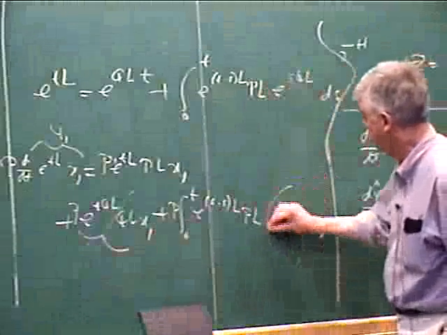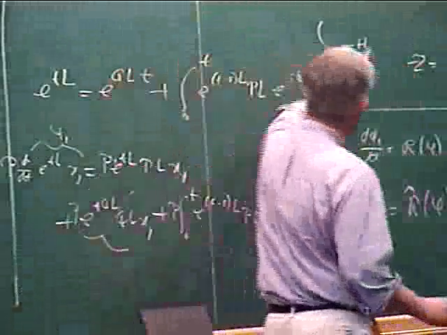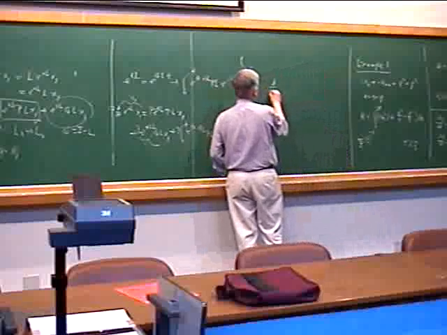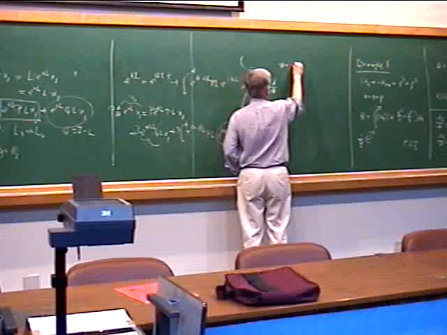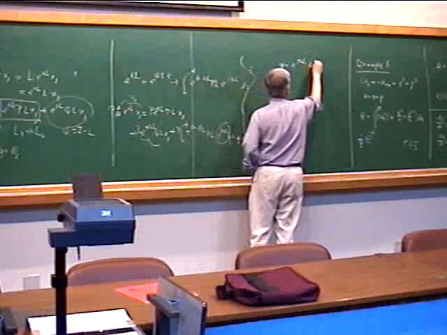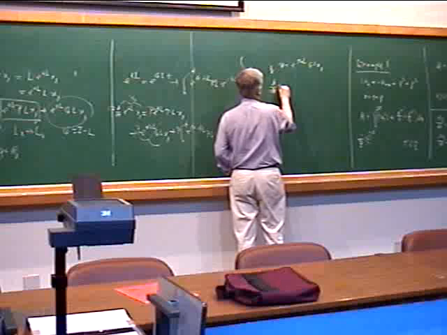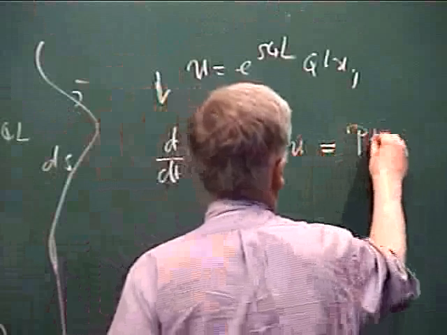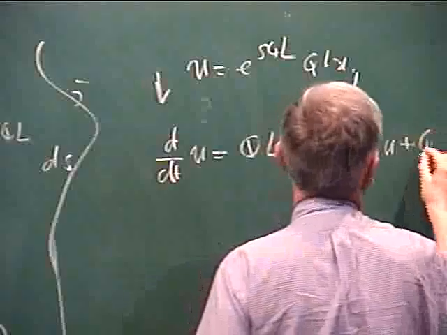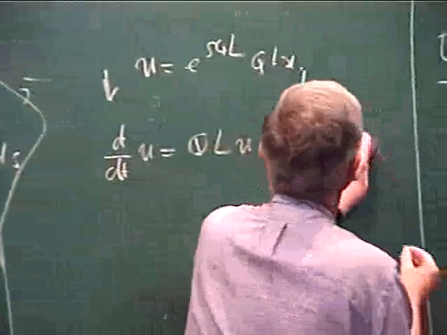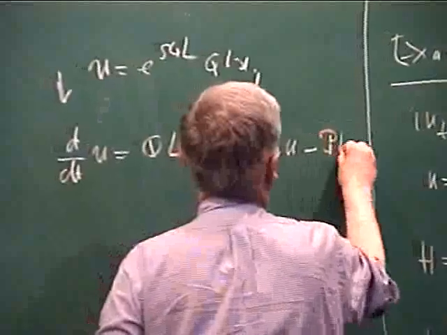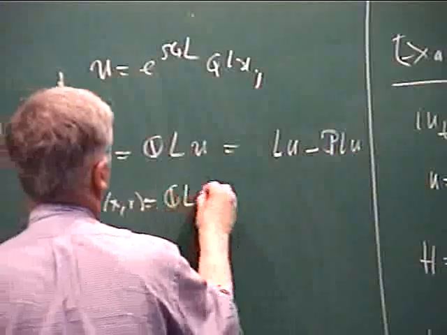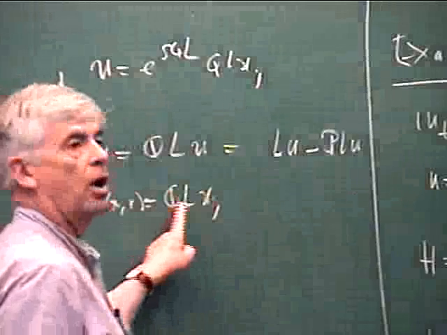You have here this object e to the power sQL. e to the power sQL is the solution of the problem: d over dt of, suppose u equals e to the power sQL acting on QL xj. That's the same thing as solving du/dt equals Q times L times u, which is equal to minus P times L times u plus L times u, with initial data u of x and 0 equals QL xj, which you can translate as (1 minus P) L xj.